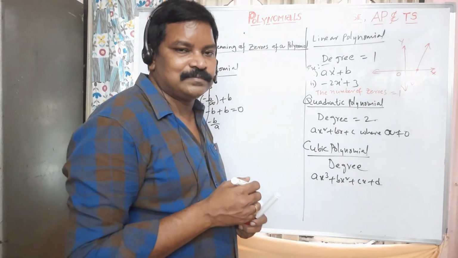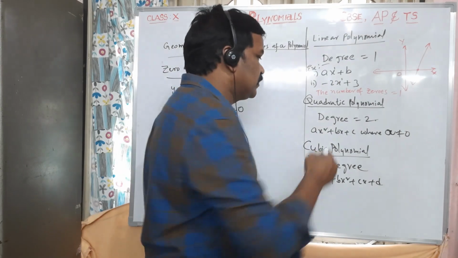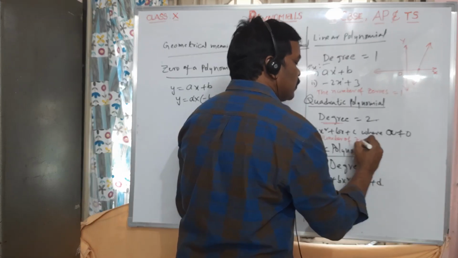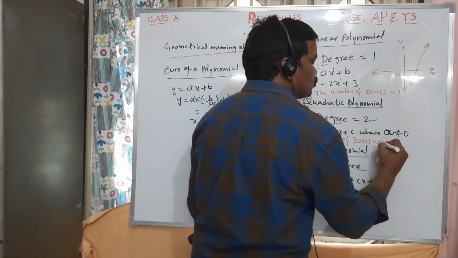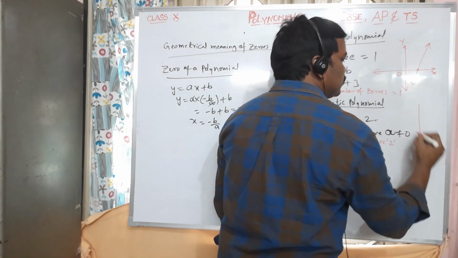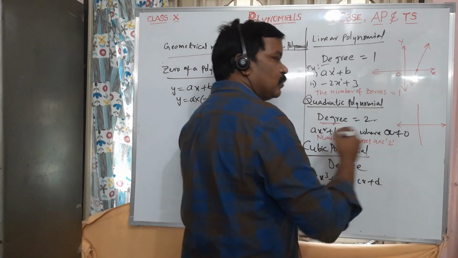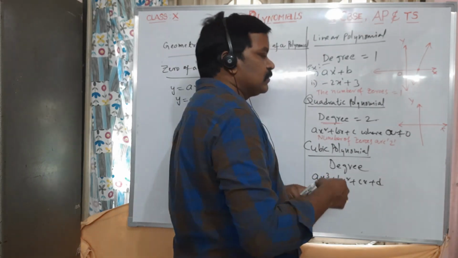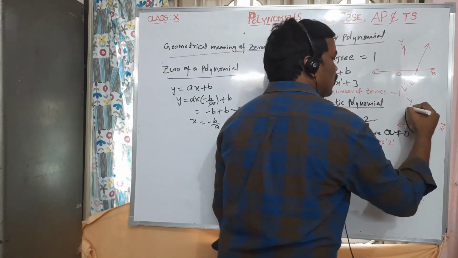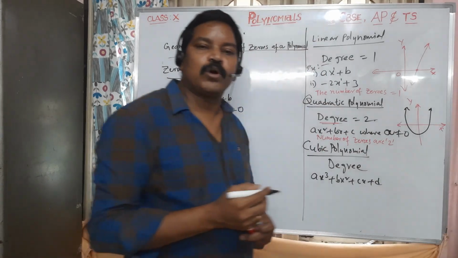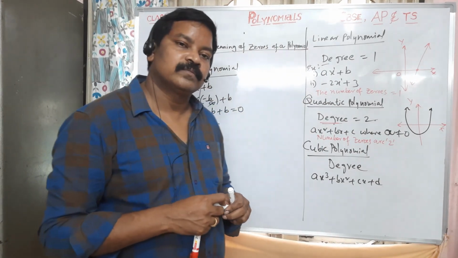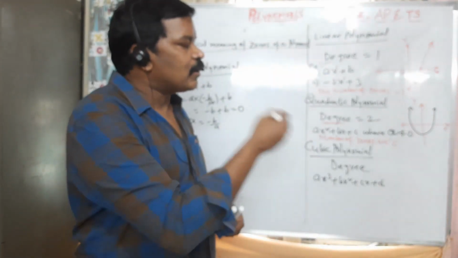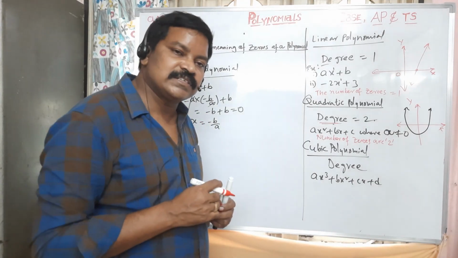Similarly, you can guess, children, for a quadratic polynomial the degree is 2, therefore the number of zeros is 2. I will draw a graph for this quadratic polynomial. This is the x-axis, this is the y-axis. This is a parabola. The graph of a quadratic polynomial is a parabola, a U-shaped curve. At how many points does this parabola intersect the x-axis?